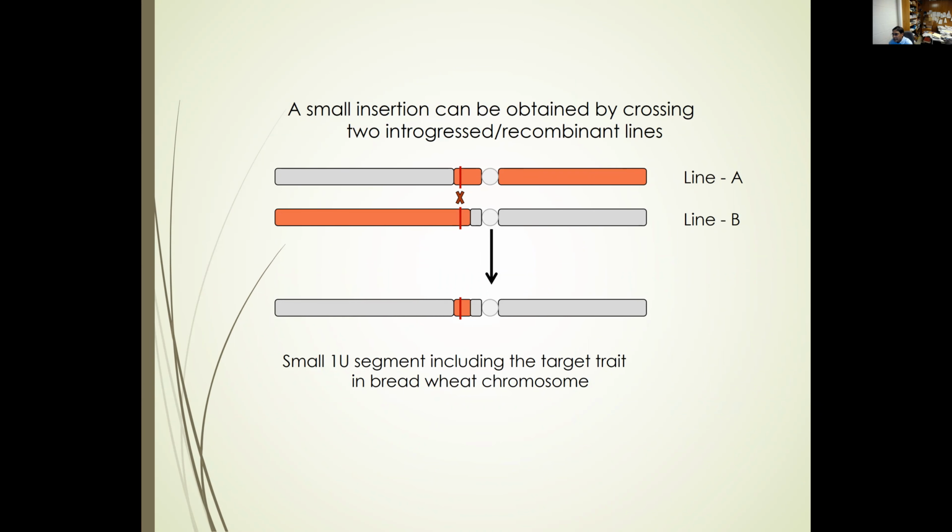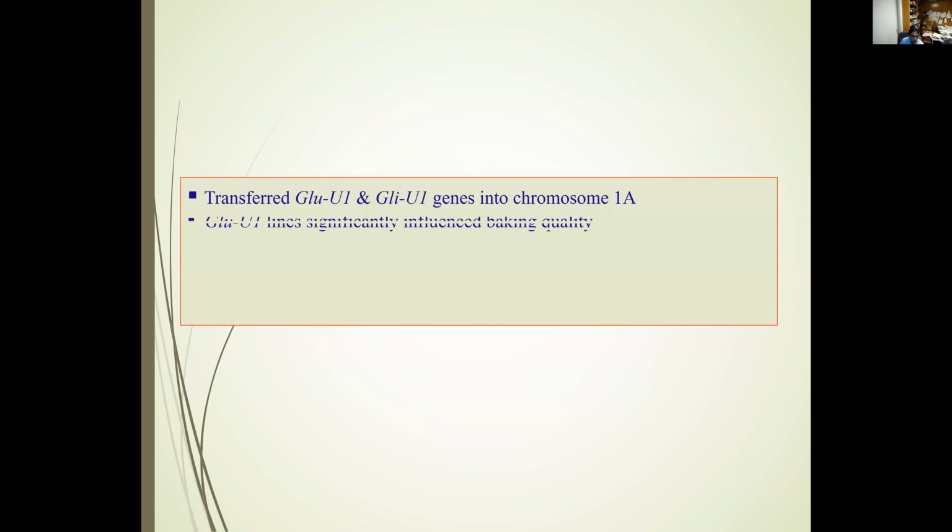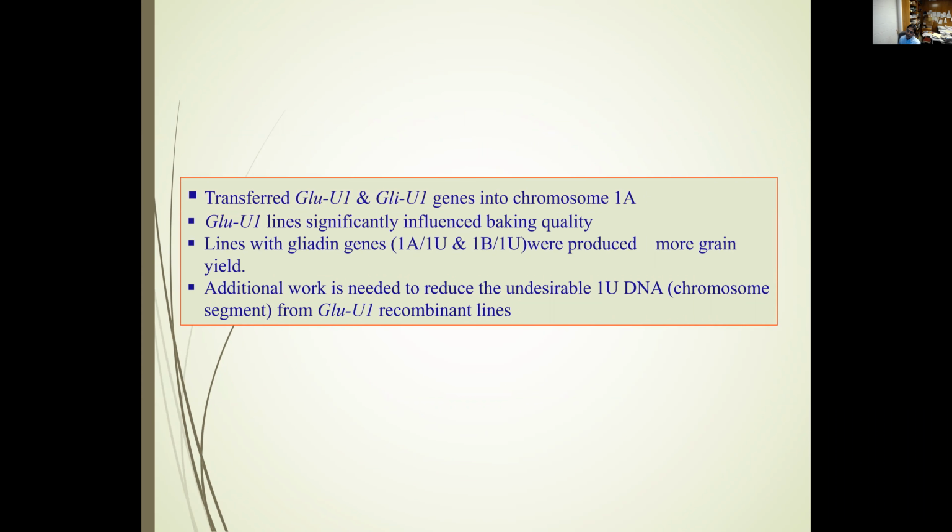There's no such thing that man cannot do. But yes, some we cannot do; that's in God's hands. That's a different issue. So here we are able to transfer the glutenin and gliadin genes independently into chromosome 1A, and the glutenin gene influences the bread making quality.